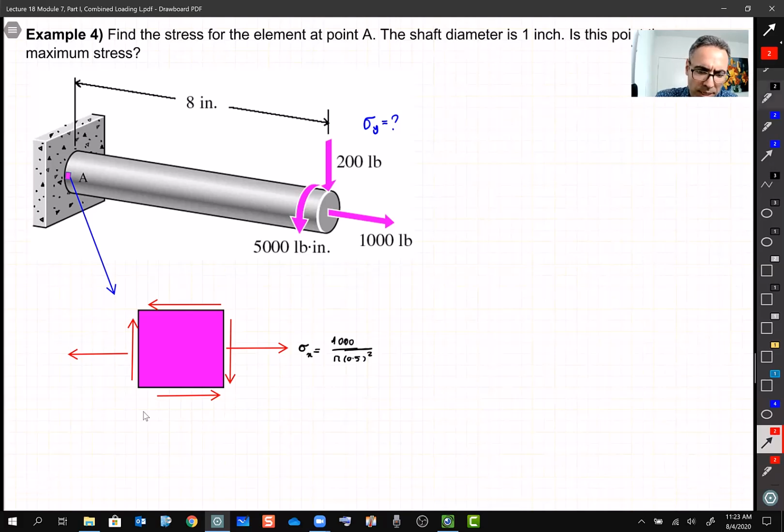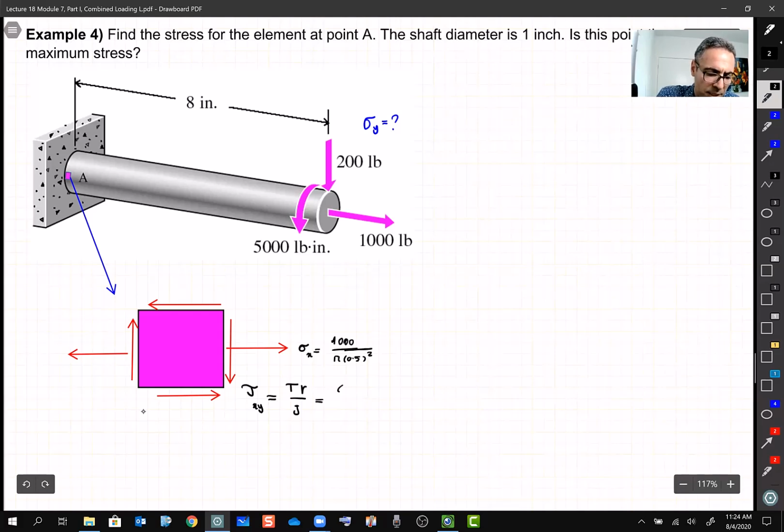And this one we can also calculate. Tau xy is equal to Tc or Tr divided by J, where T is 5,000, R, the radius, is half an inch, and J, we just learned, is pi over 2 R to the fourth. So that's tau xy.